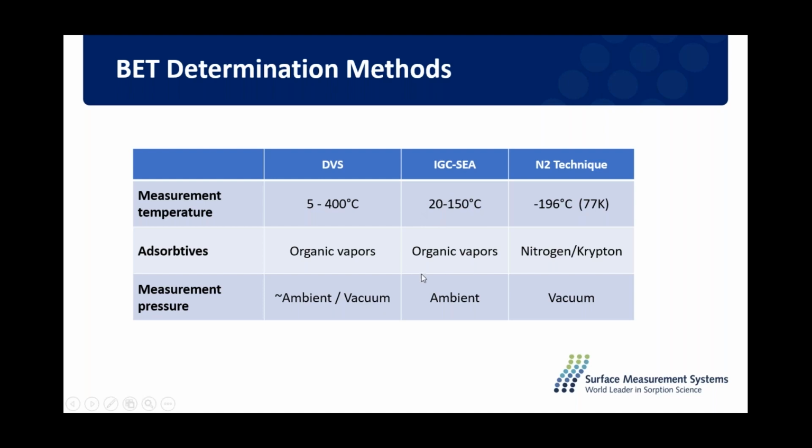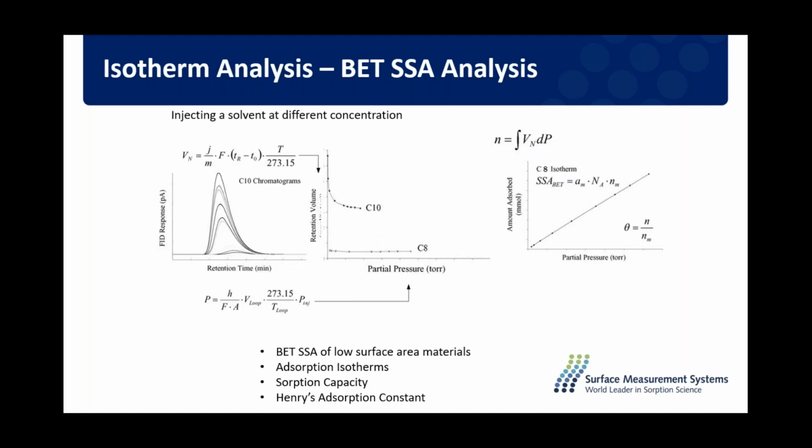We typically use organic vapors to measure the isotherm and then subsequently the BET surface area, and these are done at ambient conditions, so not under vacuum and not under pressure. The nitrogen adsorption technique is done at cryogenic temperatures using either nitrogen or krypton, and these have to be done under high vacuum. So there's no way around exposing the sample to very, very low pressures.